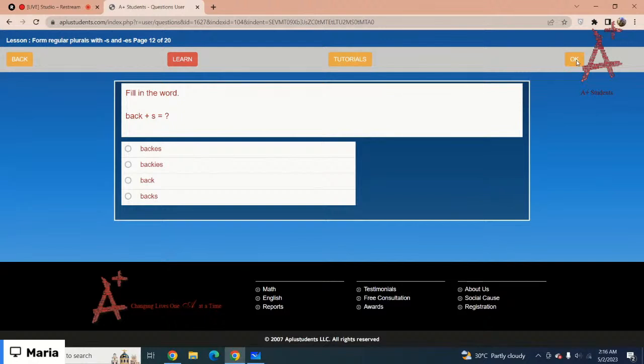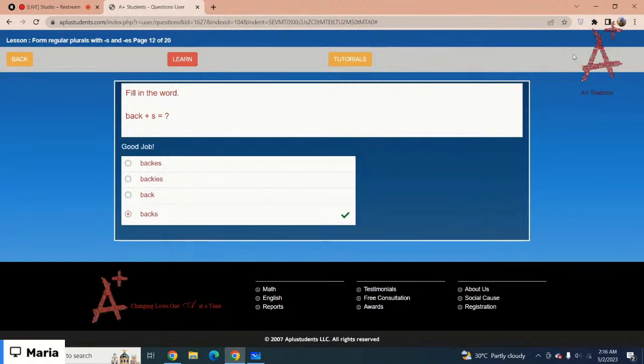Back plus S. Backs. The last option is the correct one.